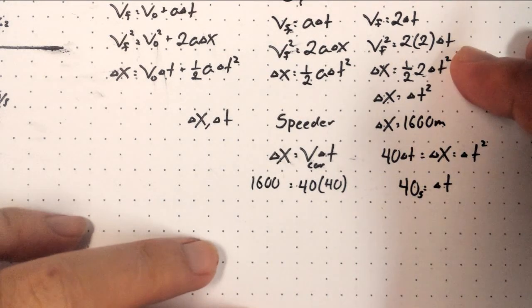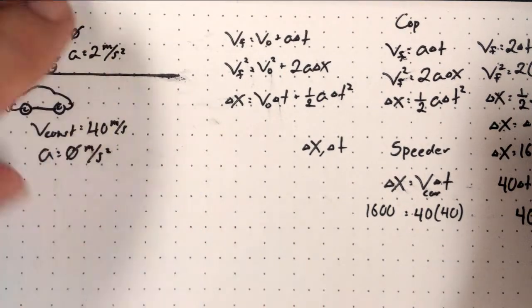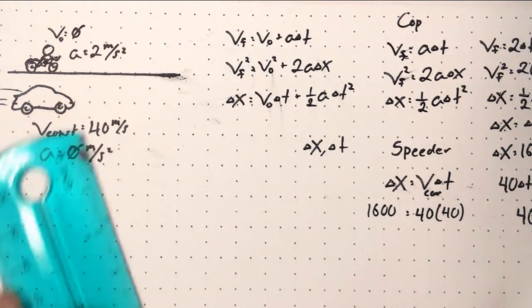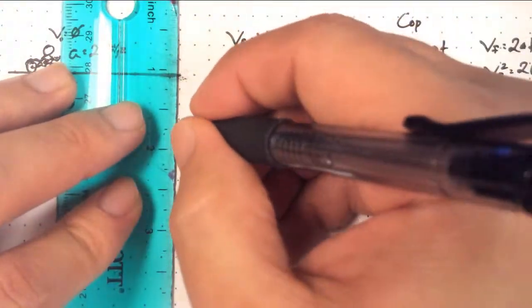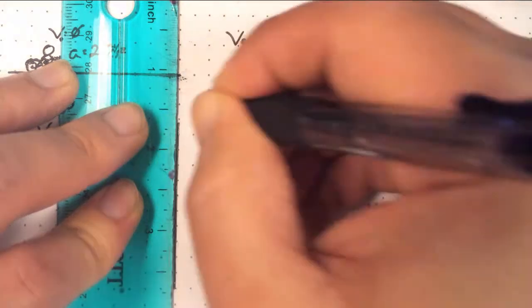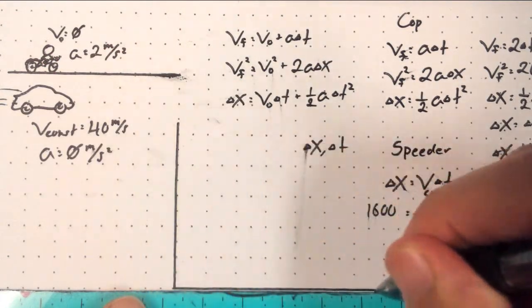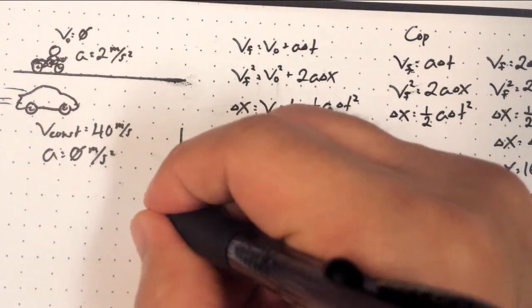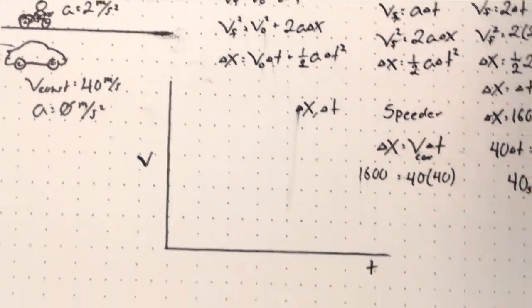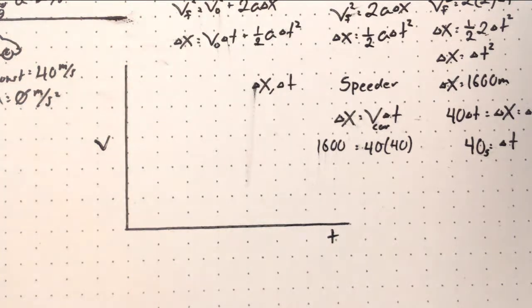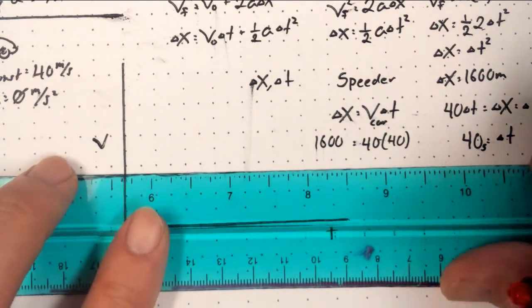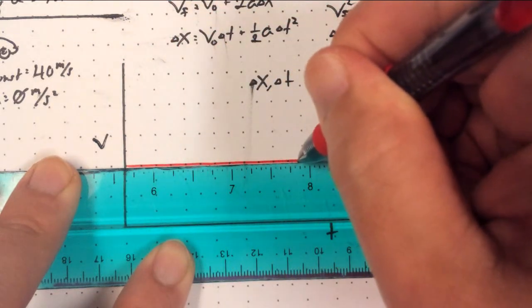Now, if you wanted to think about this in another way, somebody brought up the aspect of graphing, and if we were to graph it out, we can say that maybe this is a velocity time graph. What we know about the velocity time graph is that the speeder had a constant velocity the entire time.